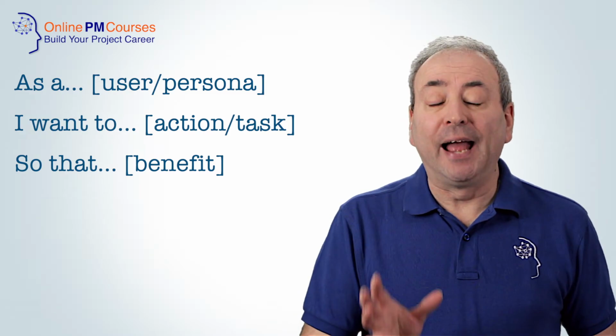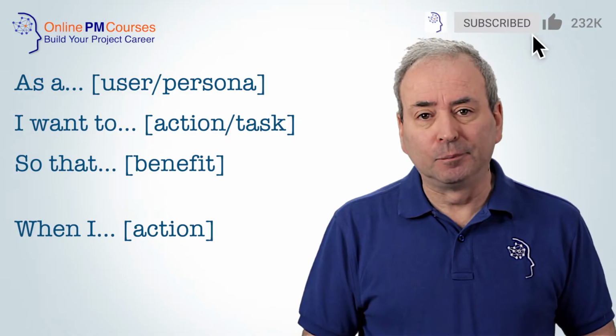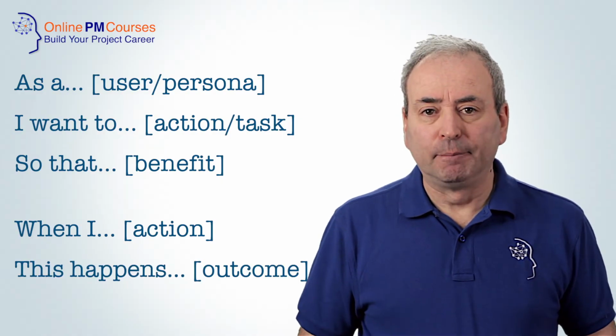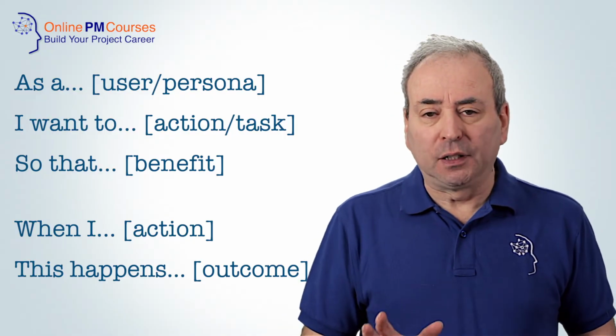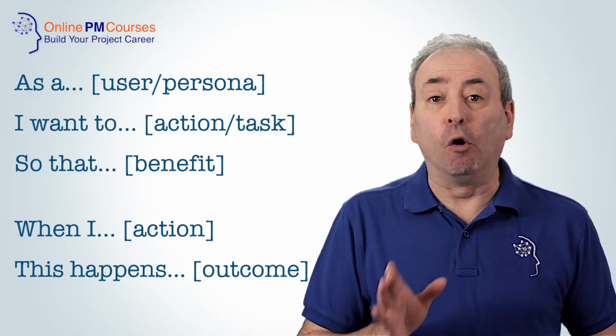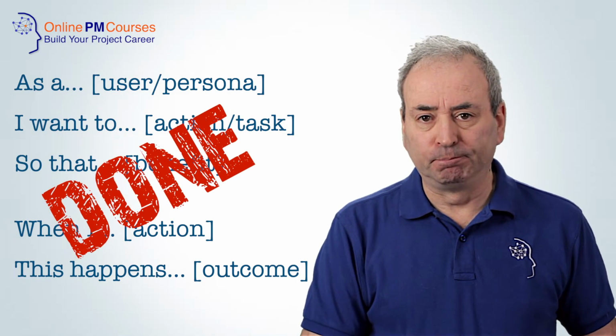Often we add a validation statement that takes a similar form. When, and we insert the action again, this happens, and then we put down the outcome. This describes how the functionality works and of course gives us a good definition of what done will look like.